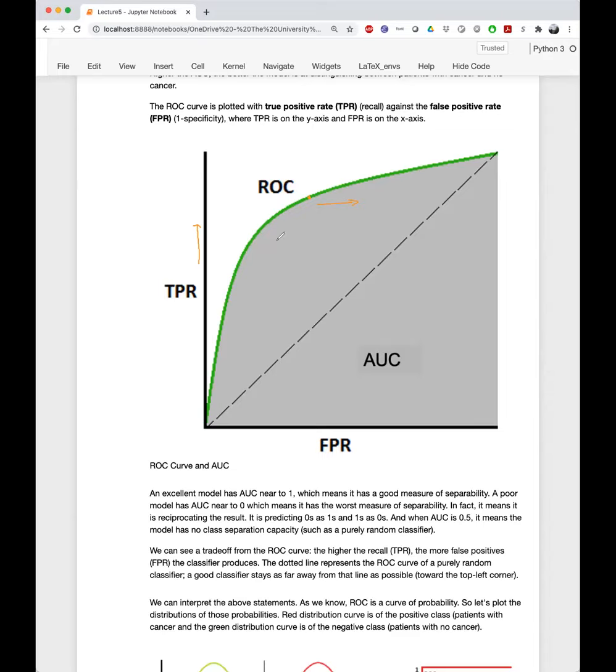But from here to here, it's worth it, because we only increase the false positive rate from 0 to maybe 0.4, but we increase the recall from 0 to about 0.8, so that's worth it. After this point, I think the cost is too big. So maybe I will just look at the threshold at this point. I will use that threshold for my model.